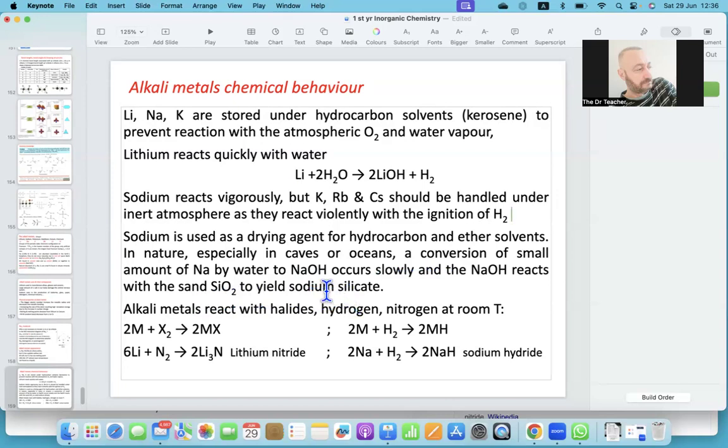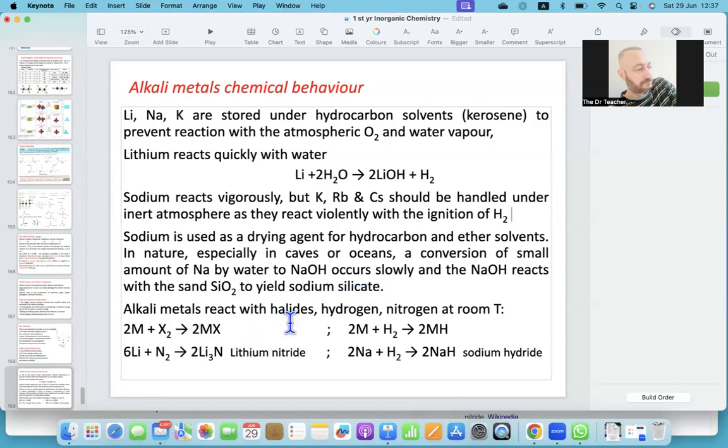You remember sodium silicate always comes down from the roof, from the top of the cave, coming down like swords, and they form very slowly. And it's dangerous to move in these caves. Sodium silicate could fall and kill people.